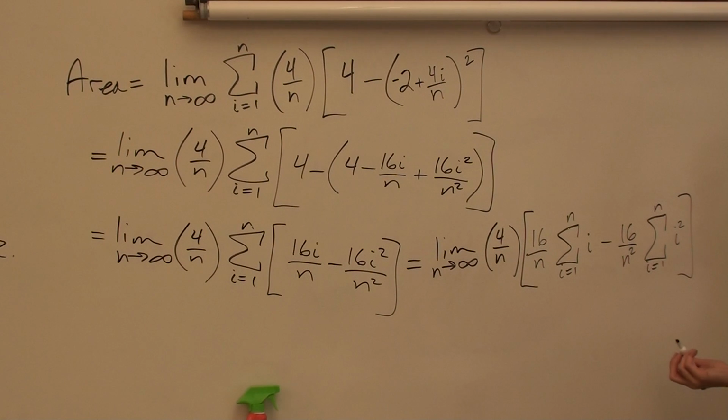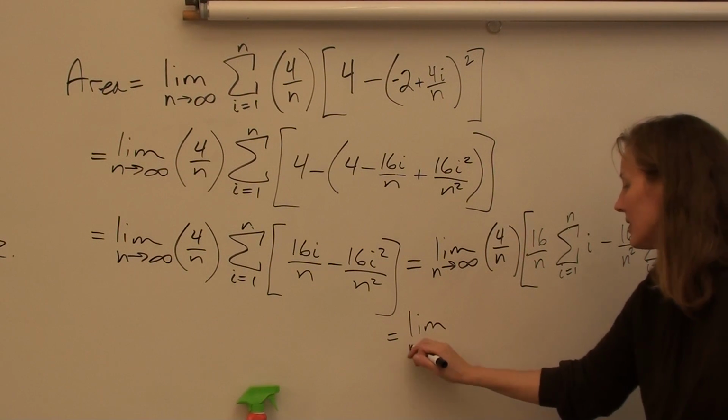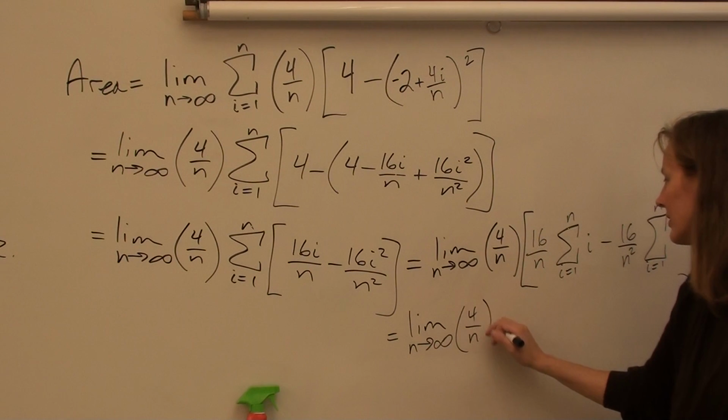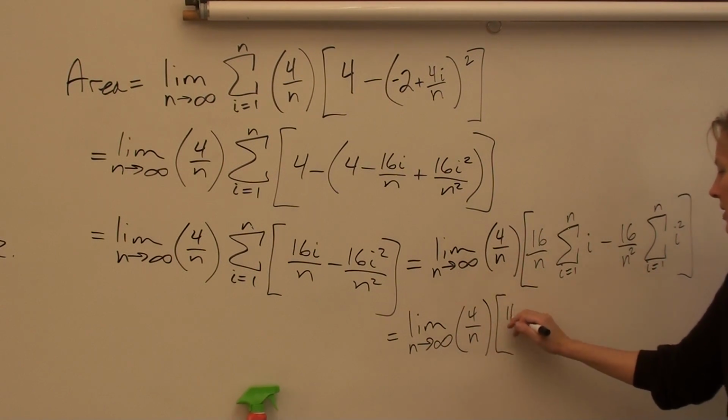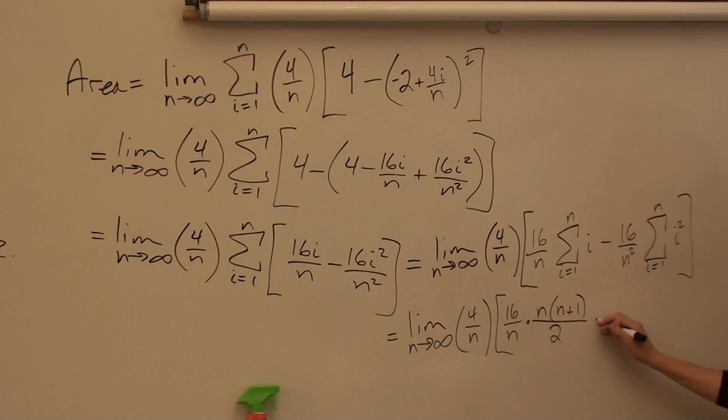Now we get to use our formulas. Right? Aren't we glad that we memorized them? So we have the limit as n approaches infinity of 4 over n times 16 over n times, what's the sum as i goes from 1 to n of i? n times n plus 1 over 2. Beautiful. Who was the mathematician who came up with that?